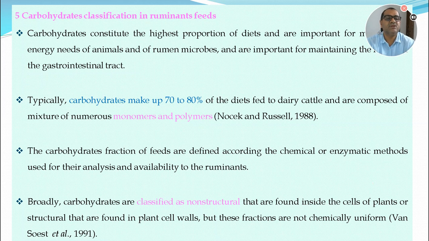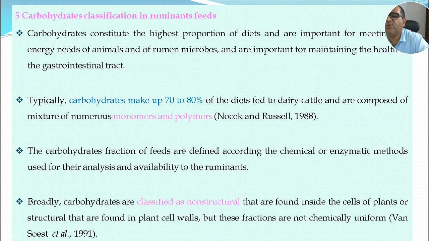Then, coming to the classification of ruminant feeds, carbohydrates are the important source in the diet of a ruminant, and they are classified into cellulose, hemicellulose, etc., and starch. They account for up to 70 to 80% of the diets of cattle, and cattle have a tremendous capacity to convert carbohydrate into protein sources.